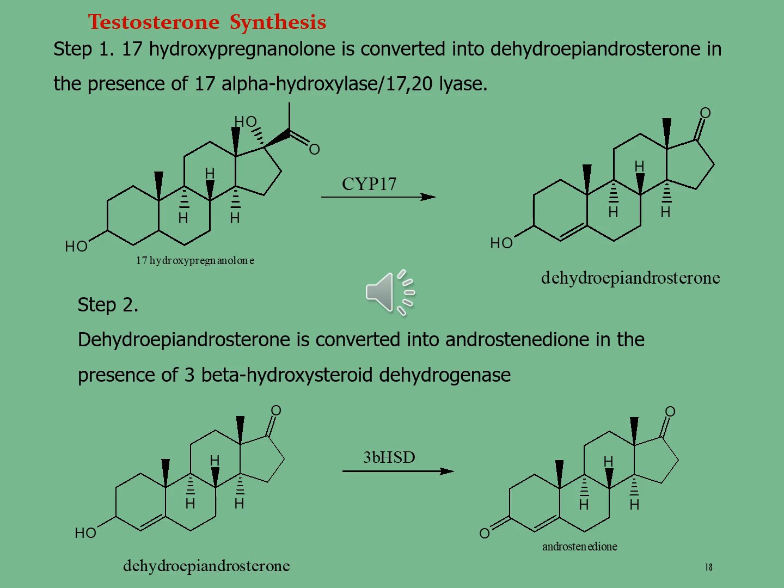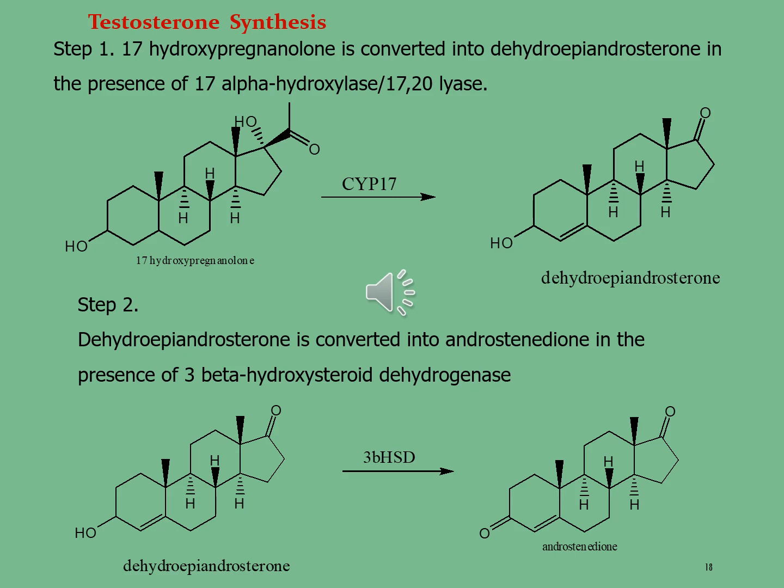In addition, one hydroxyl group is present as alpha at the 17 position too. This structure is converted into dehydroepiandrosterone in the presence of the enzyme 17-alpha hydroxylase 17-20 lyase. The structure of dehydroepiandrosterone consists of two functional moieties.